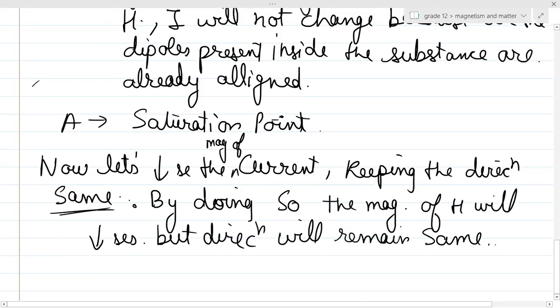Okay. So now what is happening? The value of current is decreasing. If current is decreasing, then H will decrease, and if H is decreasing, then I will also decrease. Yes or no? Yes, sir.